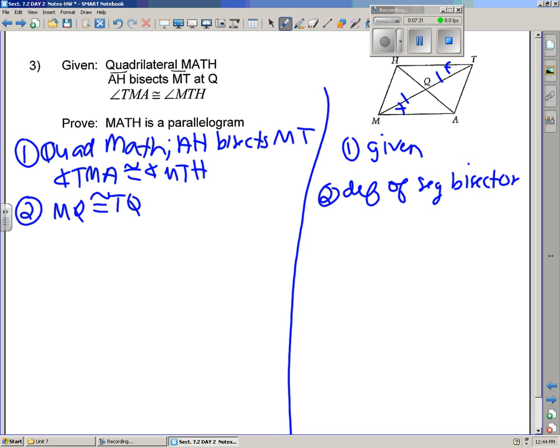Well, we also happen to have vertical angles at Q. So instead of actually having to name them, I'm going to write numbers in them. And we're going to say that angle 1 and angle 2 are congruent, and vertical angles are congruent.